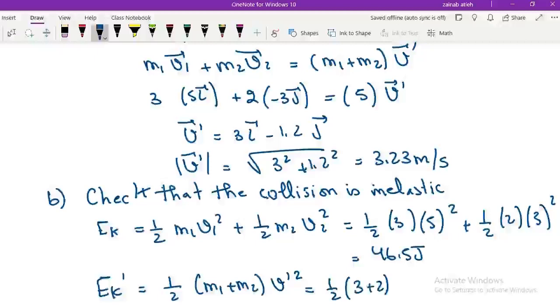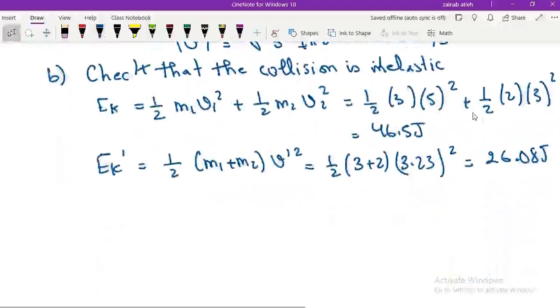V prime squared was found to be 3.23 squared, so we will get 26.08 joule. So you can see that we have a loss of kinetic energy. This loss is due to sticking of both objects together. Okay, so our collision is clearly inelastic. So EK prime is less than EK. This is for this problem.